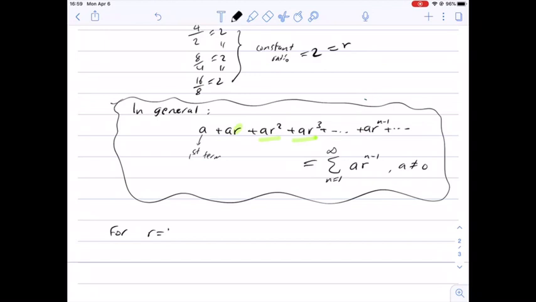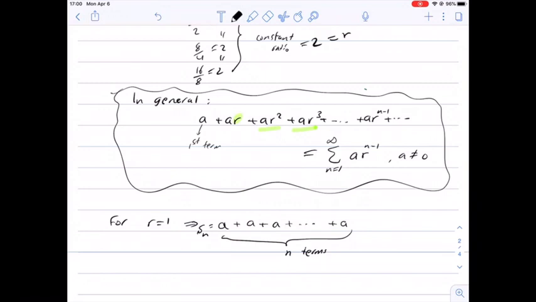Now, for r equals 1, we have a plus a plus a plus a, if we are interested in finding the nth partial sum. So those are n terms.